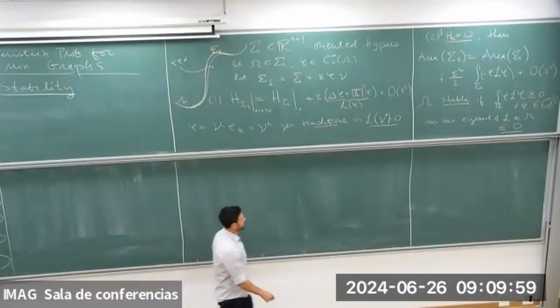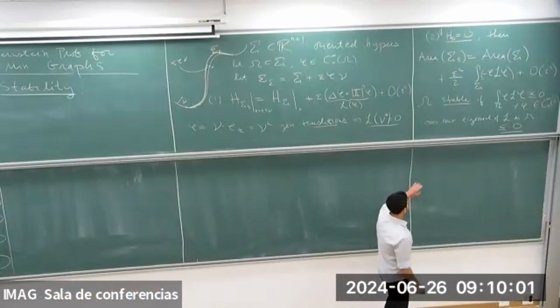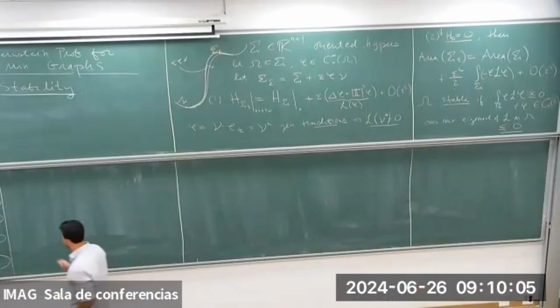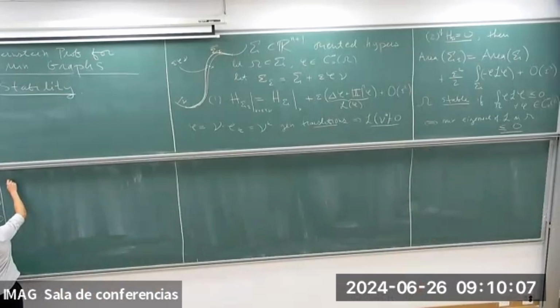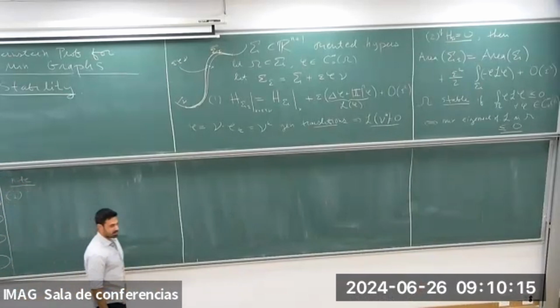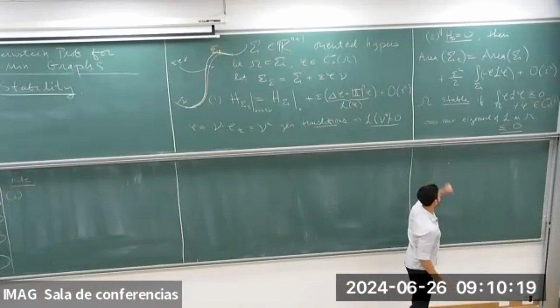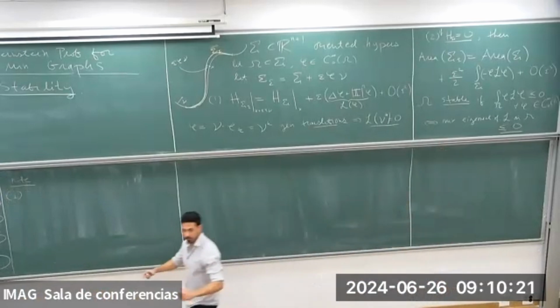So I just want to say a few small observations related to this about criteria for stability. One thing we can say right away is the following. First of all, if we want to prove that a minimal surface is unstable, all we need to do is find a positive subsolution of the Jacobi operator on the domain.